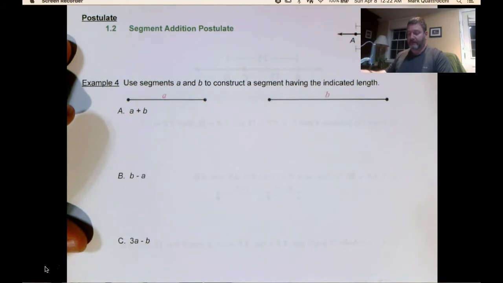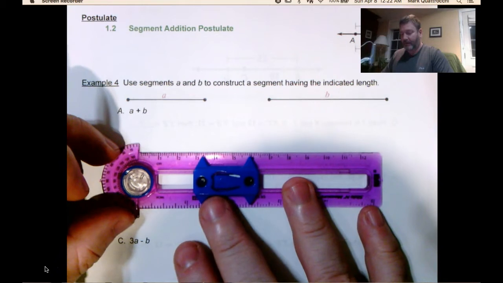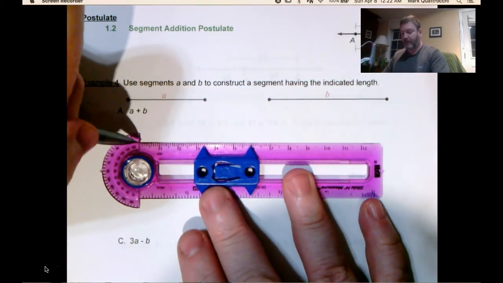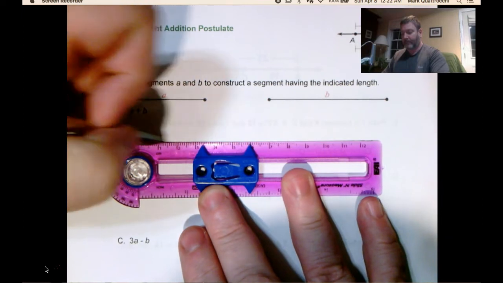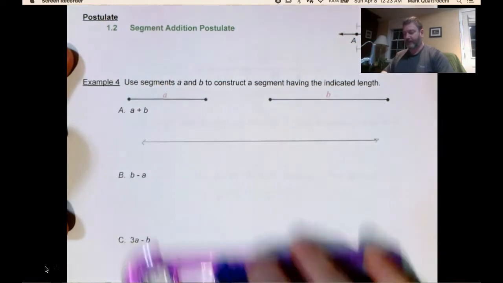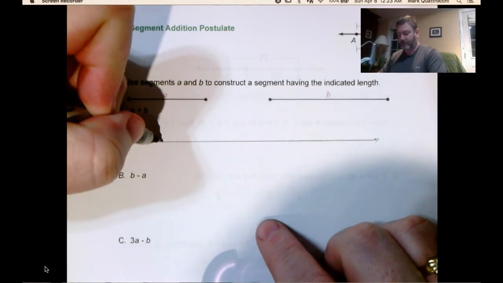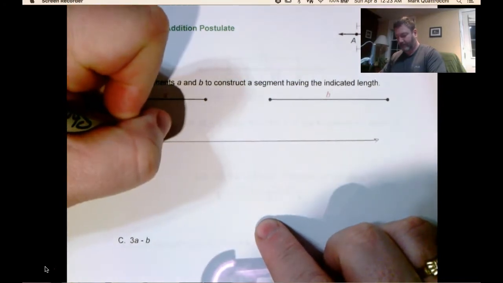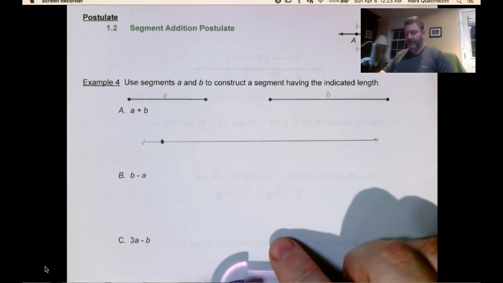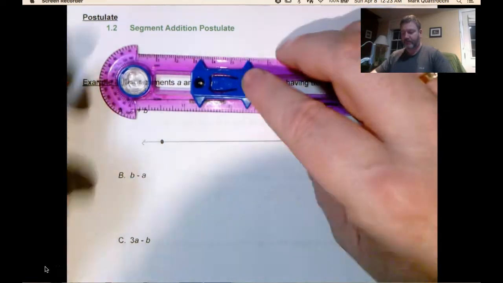So let's start off with part A. I'm going to need a line which to work off of. So here I have a line, and I need to make a copy of segment A on this line. So we're going to start with a point here. And that's going to be my center of rotation that I'm going to use.